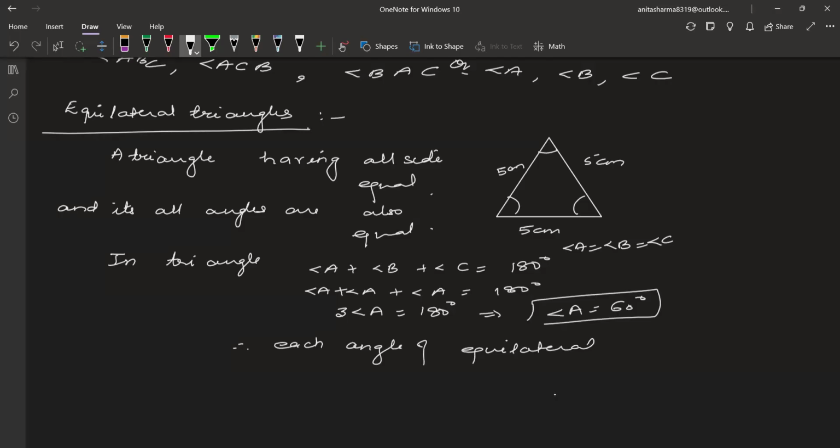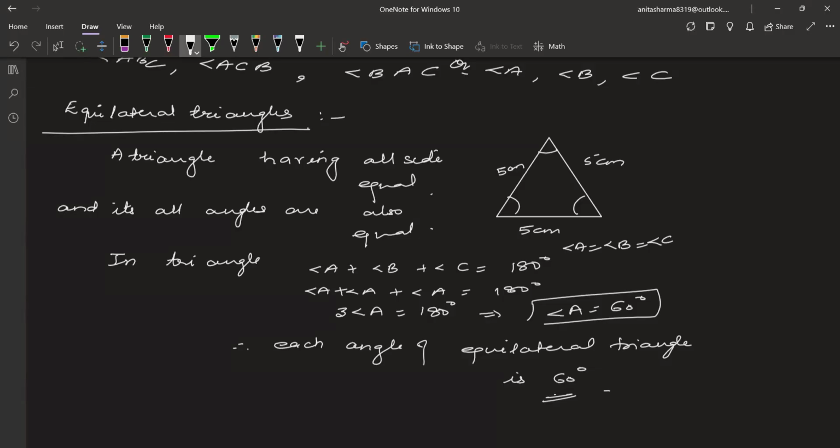Understood, beta? Please note this, Arya. How did you get angle A plus angle A plus angle A equals 180? Add angle A plus angle A plus angle A, 3 times angle A appears.